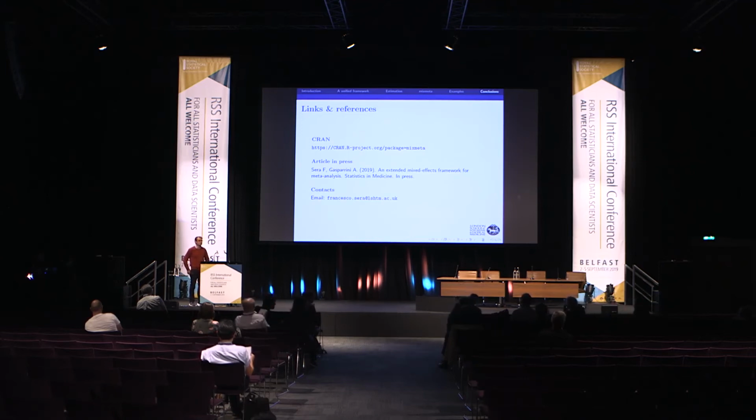Just a query on the covariance structures. There's quite a lot of work on modeling mean and covariance processes simultaneously. I'm thinking of it in the longitudinal analysis setting. And I noted that you said that you wish to add in additional covariance structures.